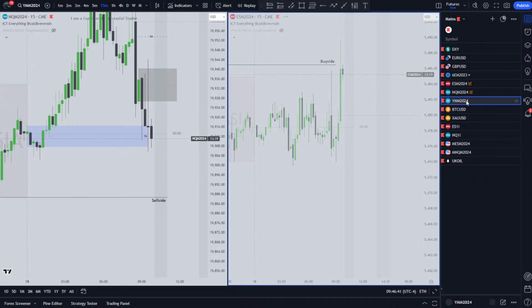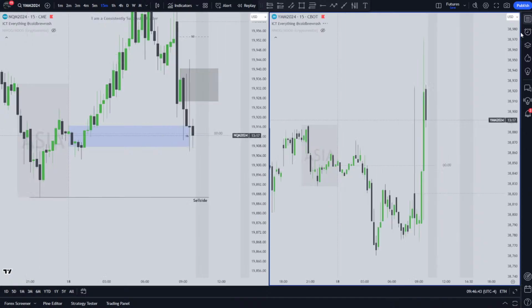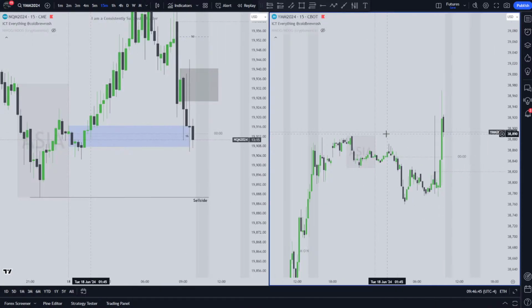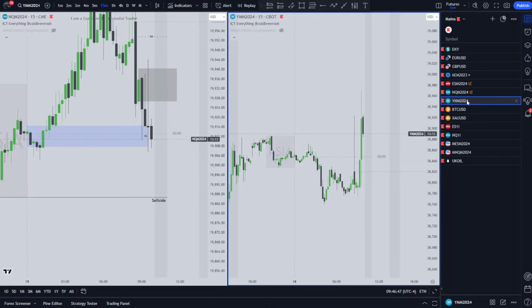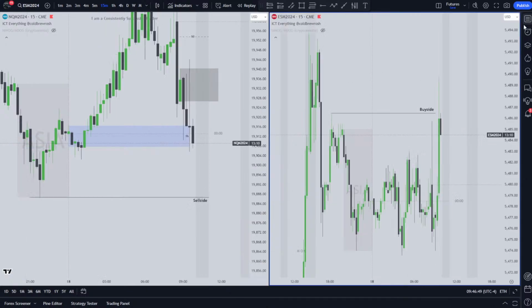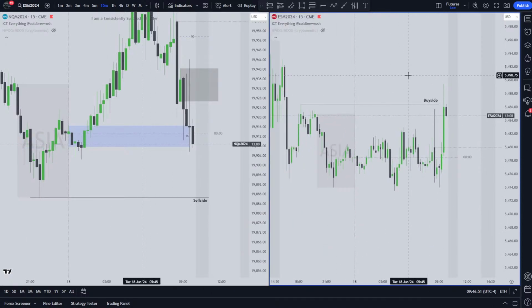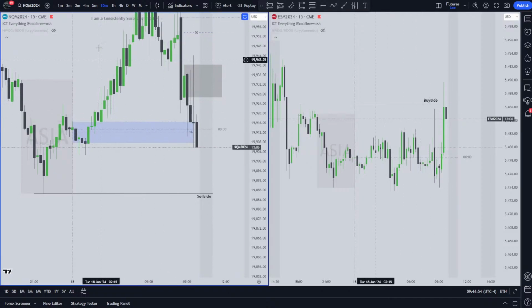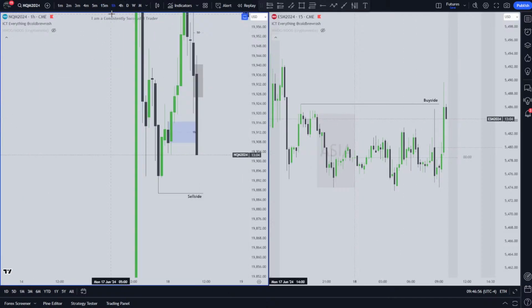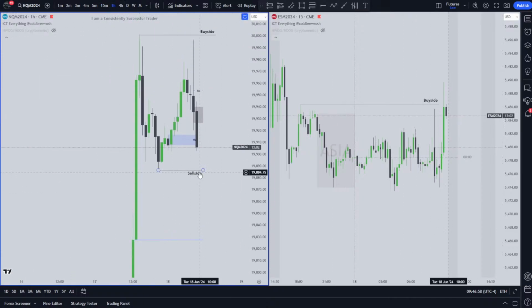Let's cross-reference with YM. Very similar. This isn't obviously the first target.